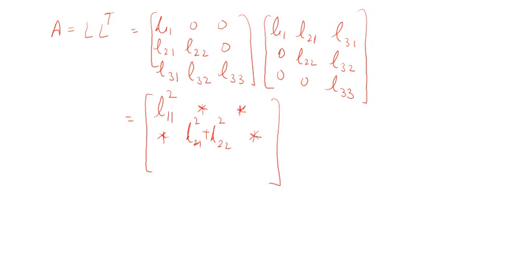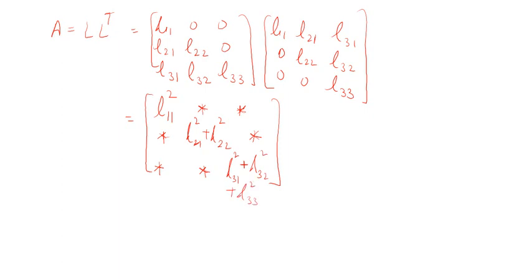Some other entries may be 0, maybe not 0, because it depends on the matrix. I am not concerned about these entries. But the last entry is obtained by the last row multiplied by the last column, the squares of all numbers: L31 square plus L32 square plus L33 square.